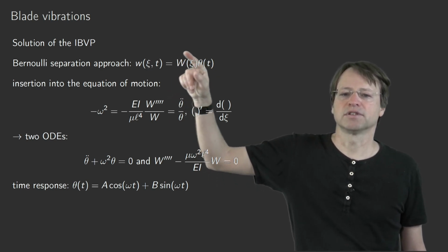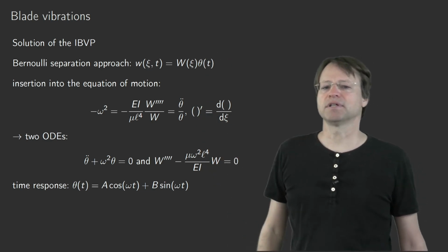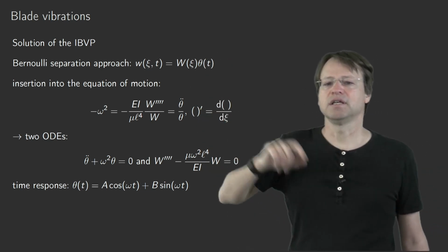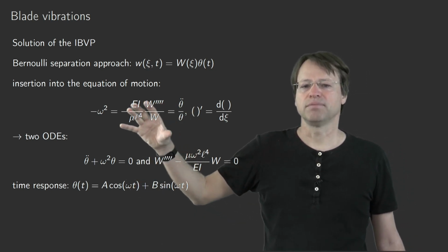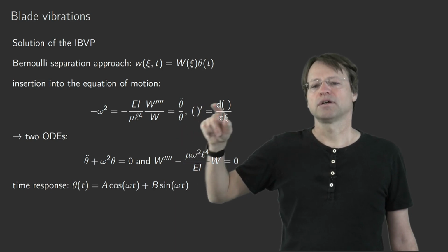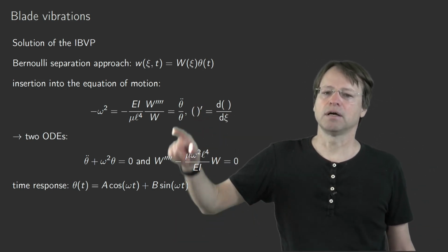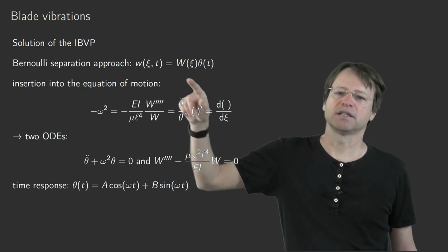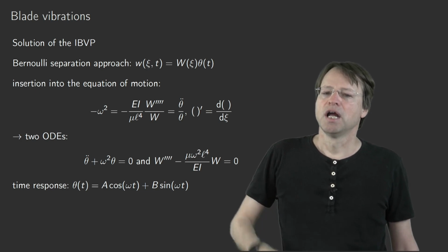One function, psi, governs the space dependence, the other function, theta, governs the time dependence. We insert that setting into the equation of motion and gather all terms that depend on psi only on the left-hand side of the equation, all the terms that depend on time only on the right-hand side of the equation, as we are allowed to change space and time independently in our consideration.